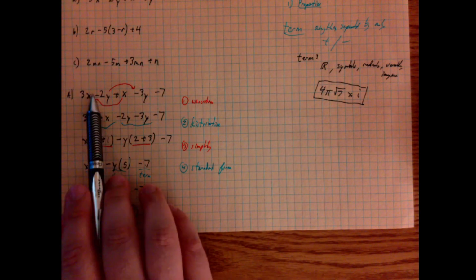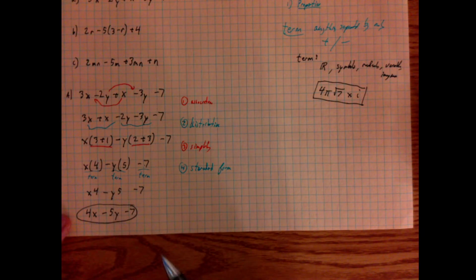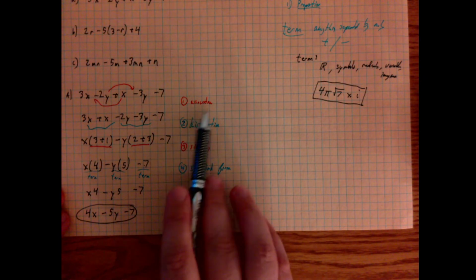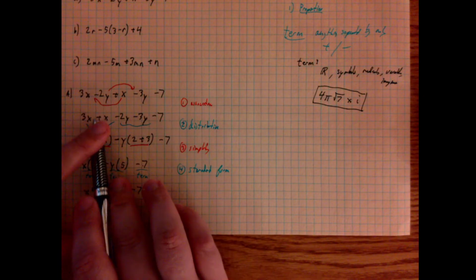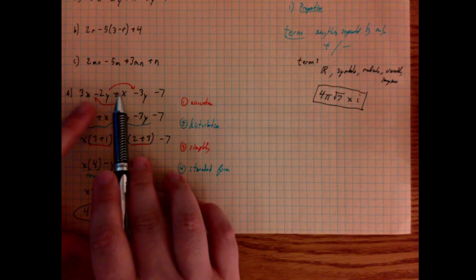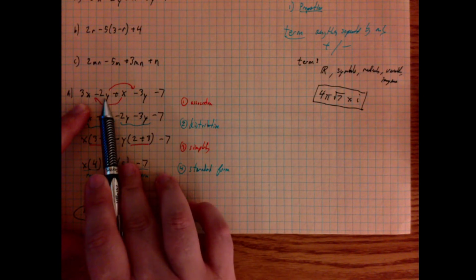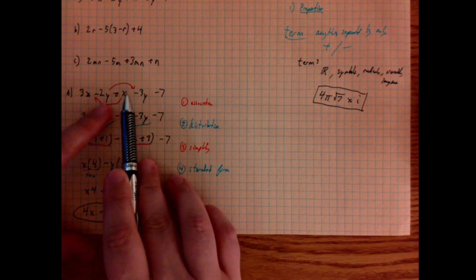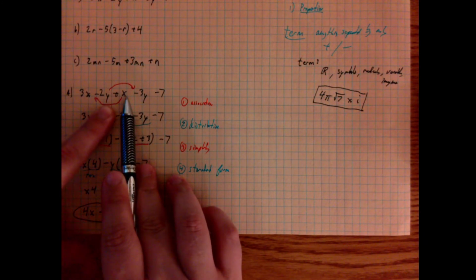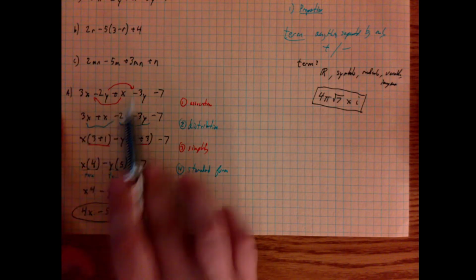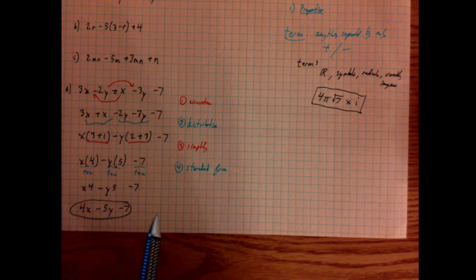Now, many of you guys probably jumped straight from here to here without too much difficulty, but notice how getting there matches with the properties that we already know. We use the associative property to take the x's and put them together. If you didn't, you'd have 3x minus 2y, which doesn't do anything. You'd have 2y and x, which doesn't do anything. The associative property allows us to move pieces around so we can put them together.